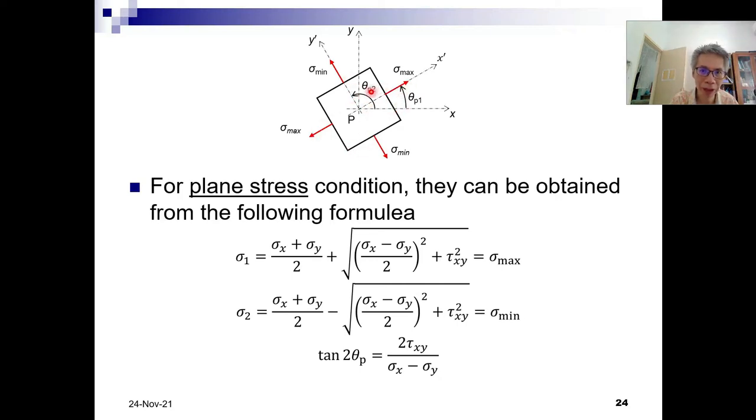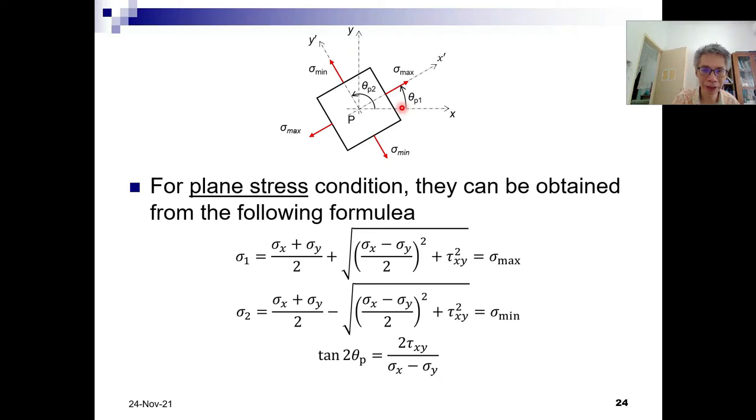The difference of these angles is always 90 degrees. When the stress is maximum or minimum, the shearing stress on these faces or surfaces is zero.